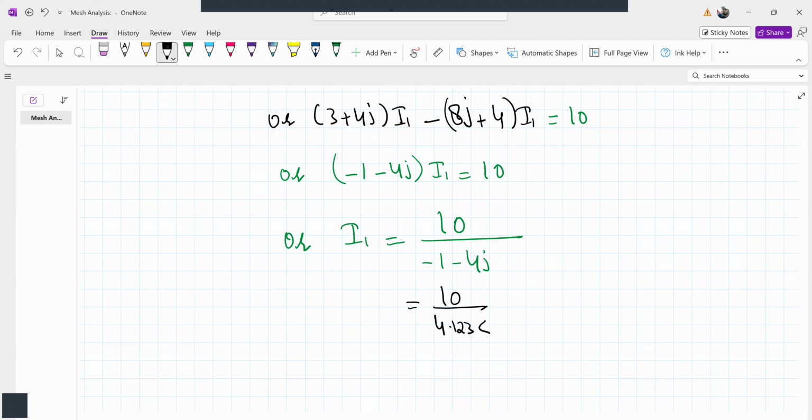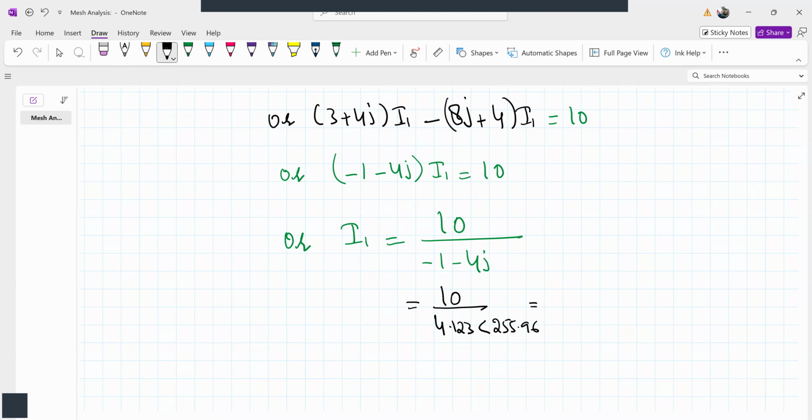So we'll say tan inverse 4, which is 75.96 degrees, and this is plus 180 degrees, that is 255.96 degrees.